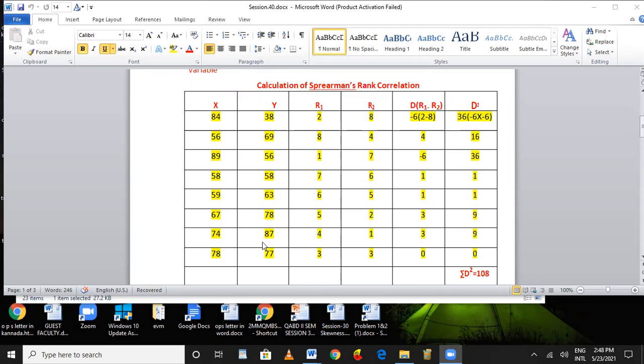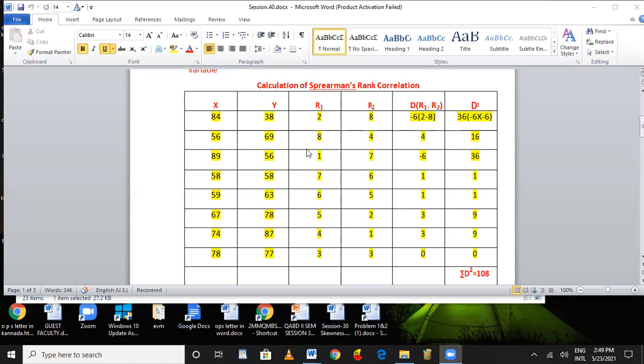The first is 87, first; 78, second; 77, third; 69, fourth; 63, fifth; 58, 6; 56, 7; 38, 8th rank.